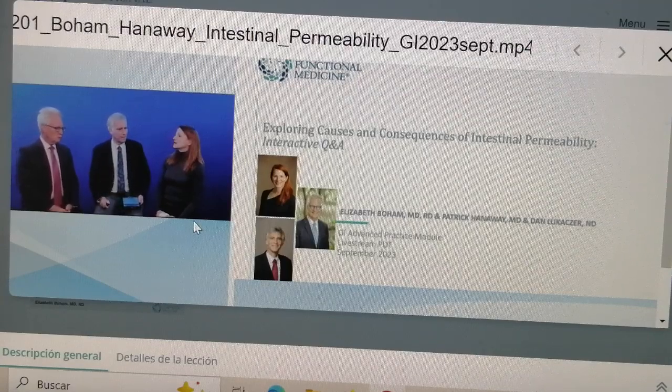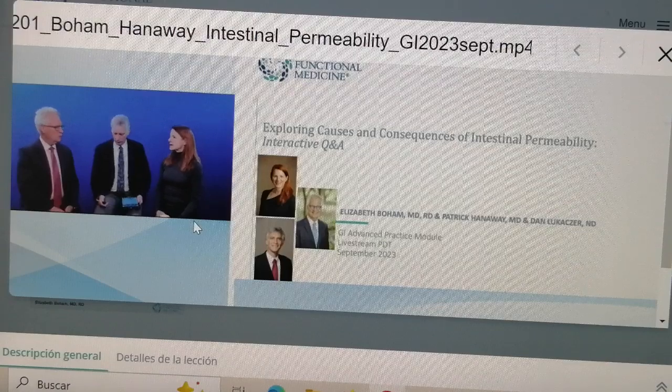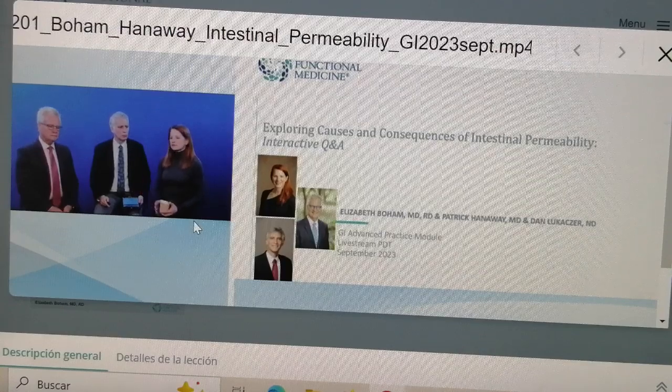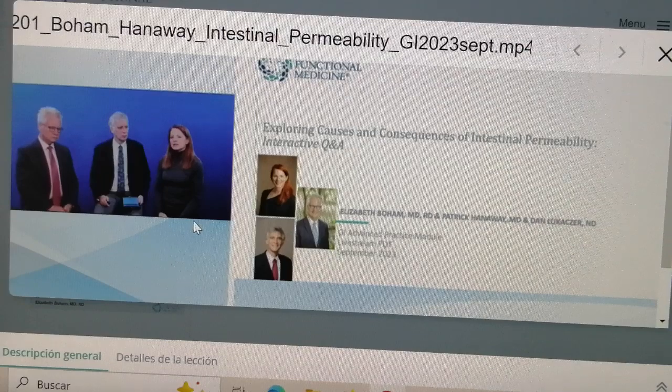Yeah, I think there are a few reasons why that might be the case. One is if you've got increased intestinal permeability as your baseline, then you're in a more pro-inflammatory state in your body, and everything might just be feeding forward. In addition, if there's increased intestinal permeability, the immune system may be out of balance.